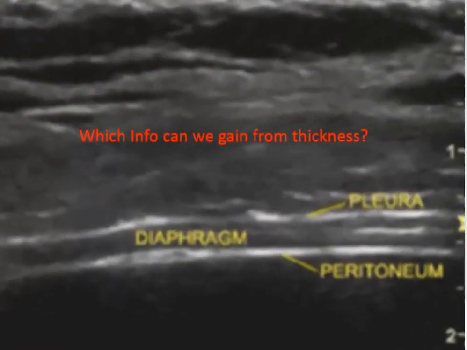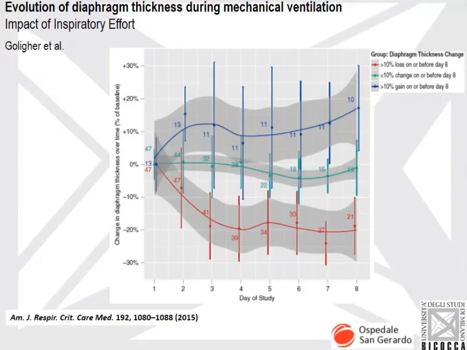So why is it important to measure the thickness? Which information can we gain from the thickness itself? This is something that is really emerging in the field, and I think this is mainly thanks to the work of my friend Ewan Goligher from Toronto, who's really a brilliant researcher.